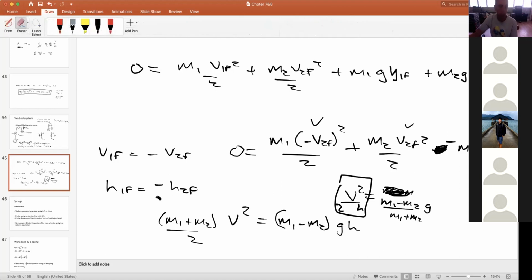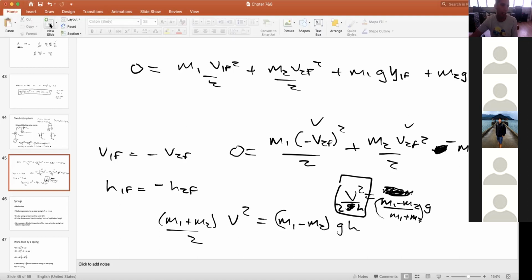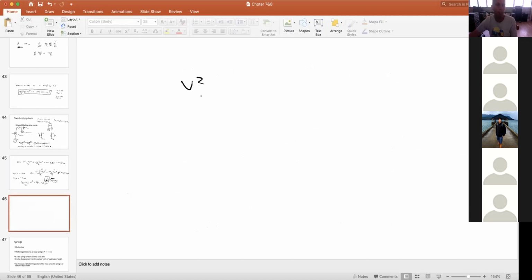So from this, and I'll go back through it slower in a minute, I get V squared over 2H is equal to M1 minus M2 over M1 plus M2 times G.